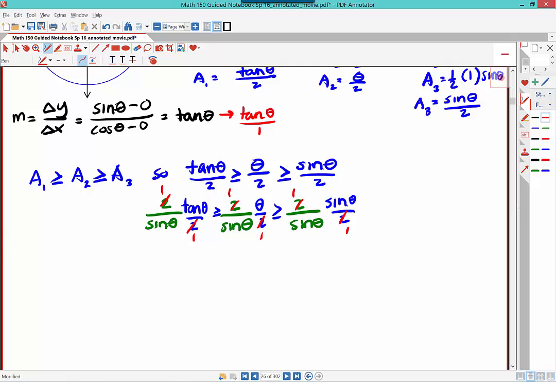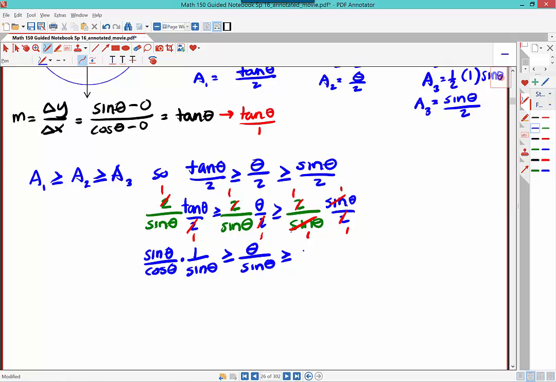Then tangent theta is sine theta over cosine theta, and that's being multiplied by the reciprocal. You'd have 1 over sine theta is greater than or equal to theta over sine theta, which is greater than or equal to, good, this divides out to be 1, doesn't it?